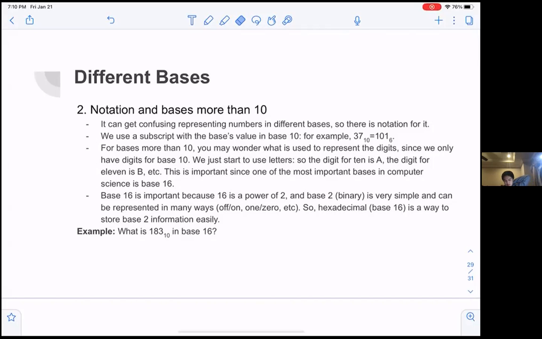Like how the exponent is this small number up here, the base would be this small number down here, denoting what base it's in. And so when we overflow and we get valid base digits that are more than 10, what we simply do is start to use letters. So 10 is A if we had base 11, and then 11 would be B, and etc.